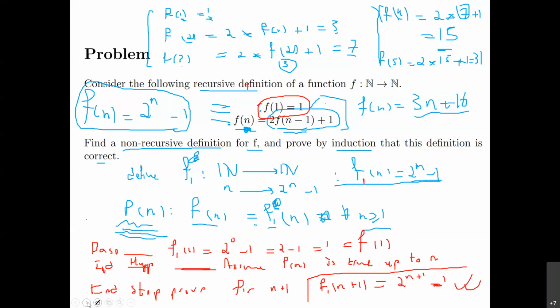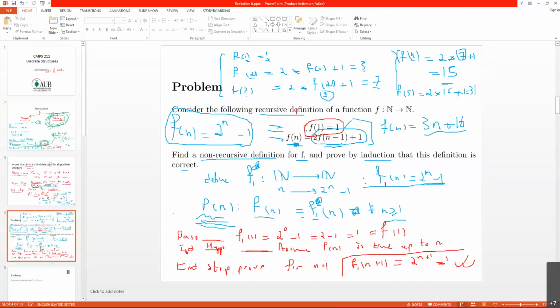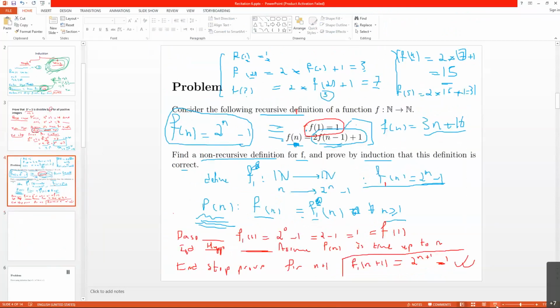Let me just need to add a new space here. Okay. So the normal f that they gave us, f of n, we're assuming that f of n is gonna equal f1 of n.